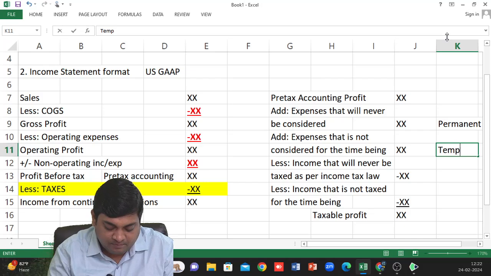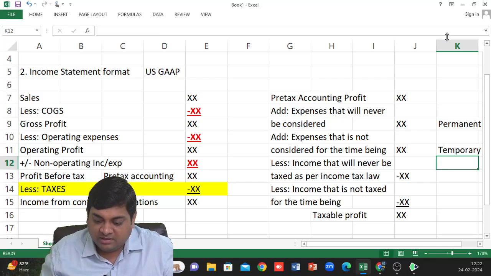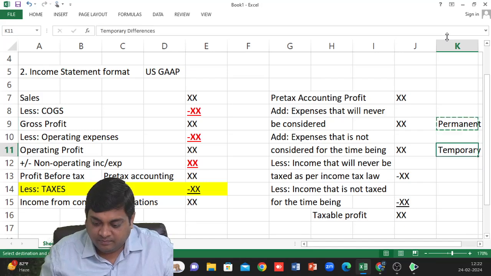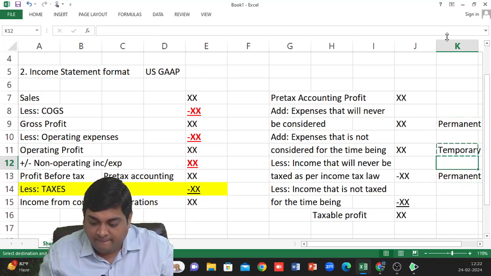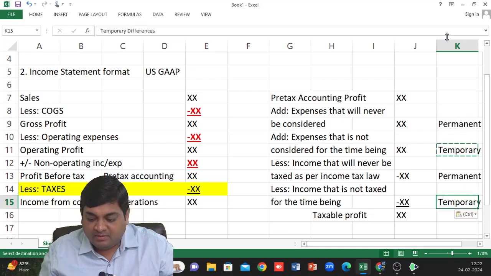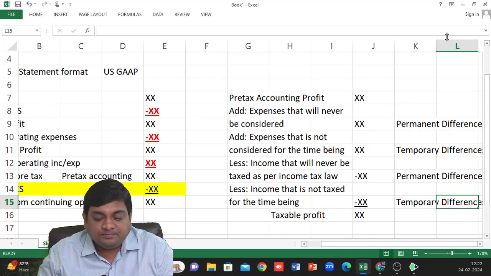These are temporary differences. This is a permanent difference. This is a temporary difference. Right?